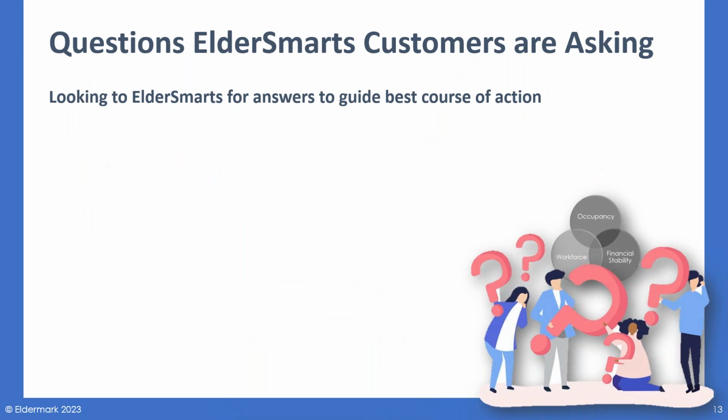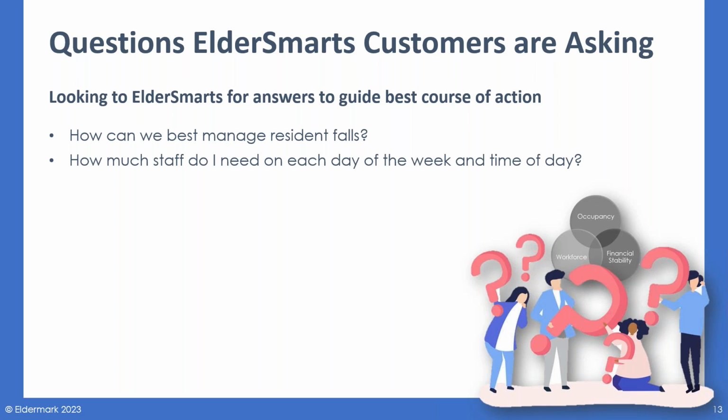So in putting all this together for our customers, what are some of the questions they're asking? What are the customers that we serve looking to ElderSmarts to help guide their next best course of action? And just summarizing a few of them, how can we best manage resident falls? Or even how can we best prevent resident falls? What can the data teach us?